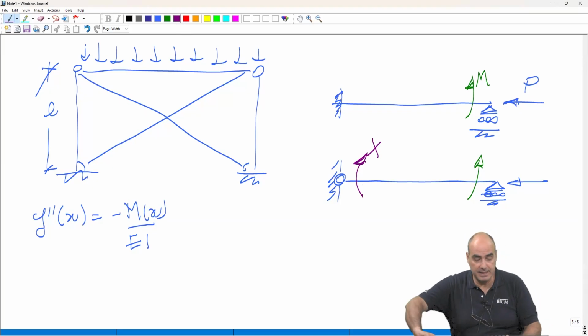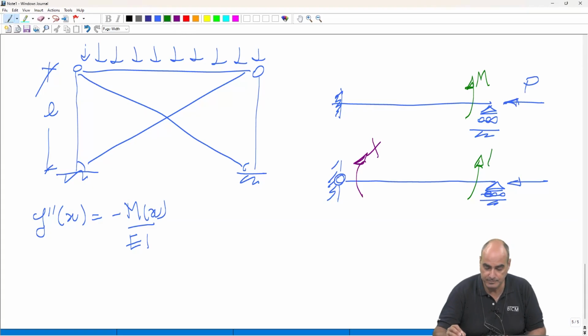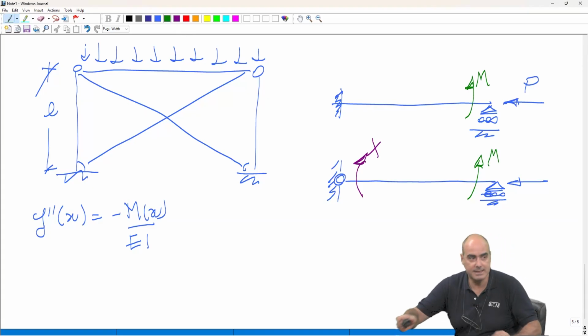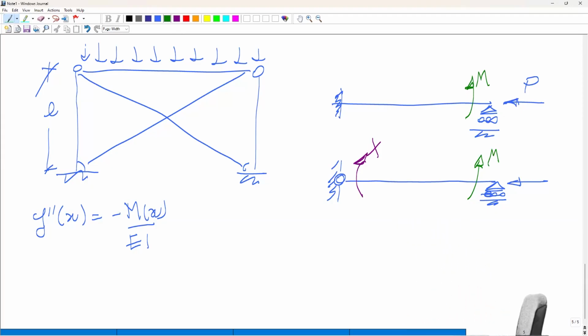This structure here, the bottom one, is equivalent to the top one in terms of statics, because you have the same, but it's not equivalent from the point of view of deformation, because in this structure here, the bottom one, you can have whatever rotation here, whereas here the rotation is 0.